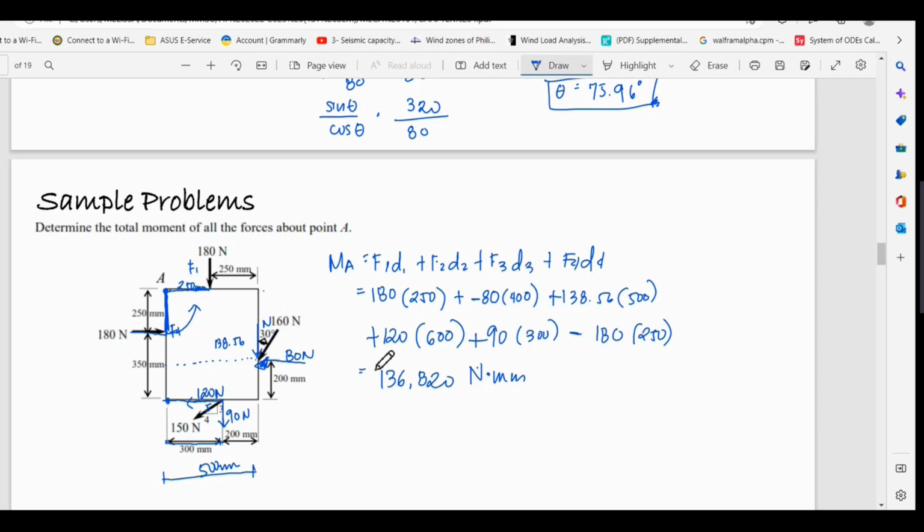So we have 136.82 Newton meter, sorry, it is actually 136,280. So I have 136.28 Newton meter in clockwise direction. Okay? So this will be our final answer.